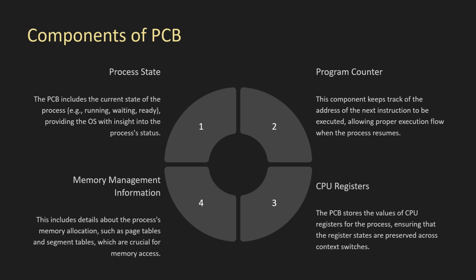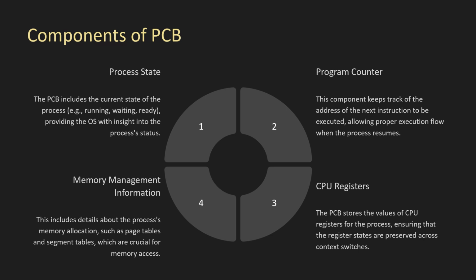Components of PCB. Let's break down what a typical PCB contains. Number one, process state. The PCB includes the current state of the process, for example, running, waiting, ready, and others, providing the OS with insight into the process's status. Number two, program counter.